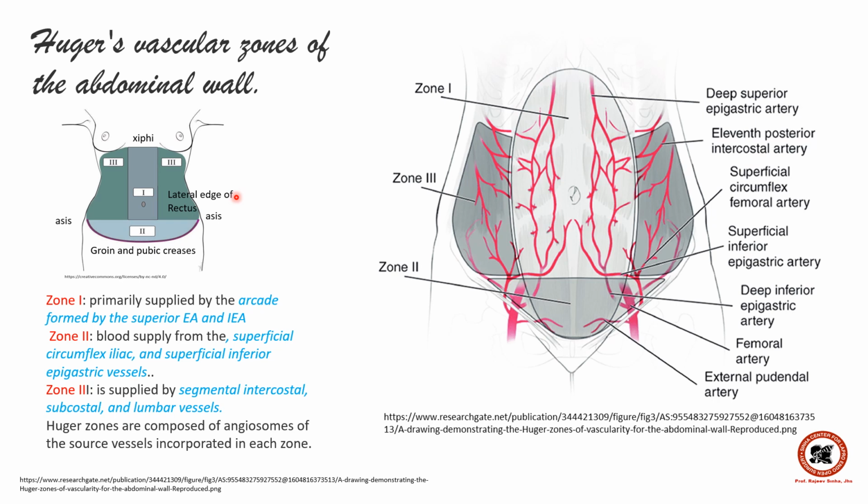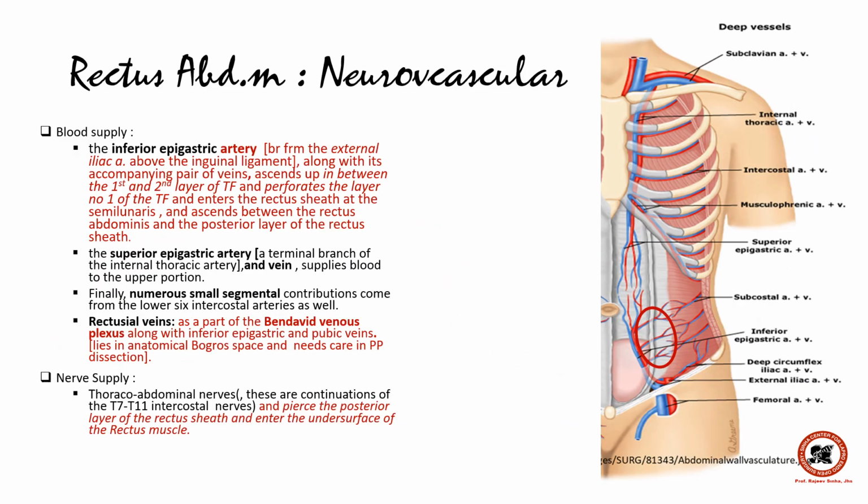So angiosome basically means the source vessel along with its bone, along with muscle, along with its fascia, and along with the skin which it supplies. So based on this, this is very important when you talk about abdominal grafts, that means the skin graft, or you talk about flaps, not grafts, I'll say flaps, and you also talk about the anterior component separation technique, where this vascular zone becomes important.